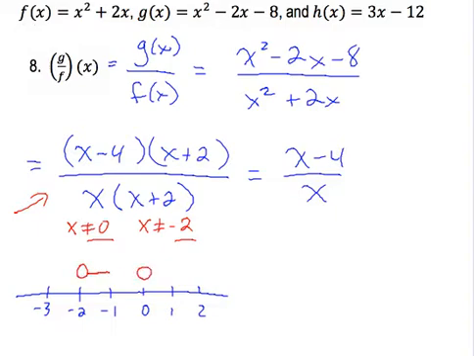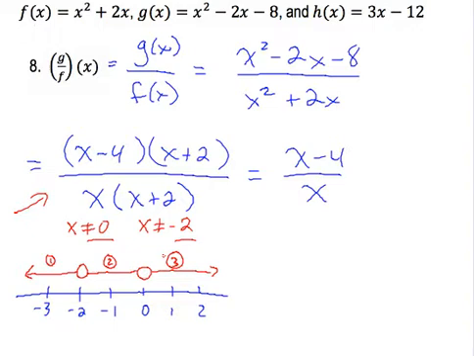But all the numbers in between these two would be part of the domain. Everything above 0 would be part of the domain, and everything below negative 2 is part of the domain. So if we're going to write this in interval notation, we need to write an interval for all three of these intervals here. This is one interval, another interval, and a third interval.